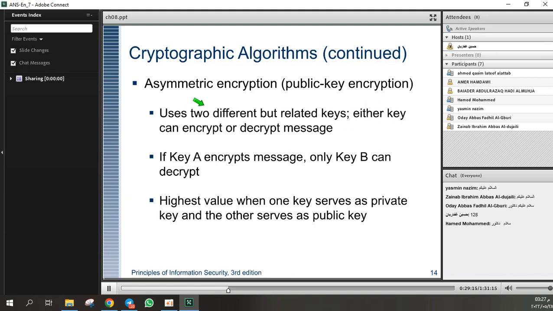Alice publishes her public key over the internet. Everybody can see it and use that key to encrypt the message. But Alice never publishes her private key. It's in her pocket.